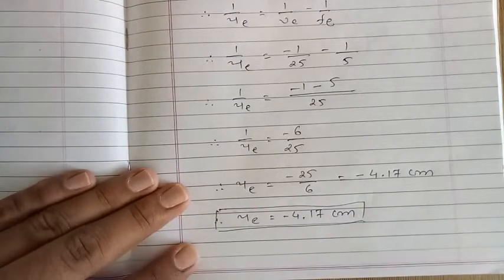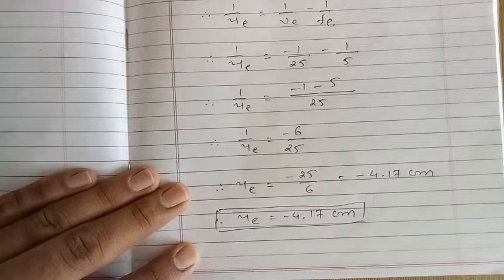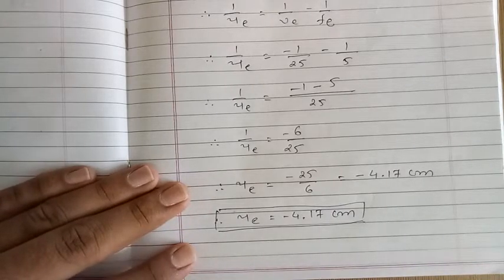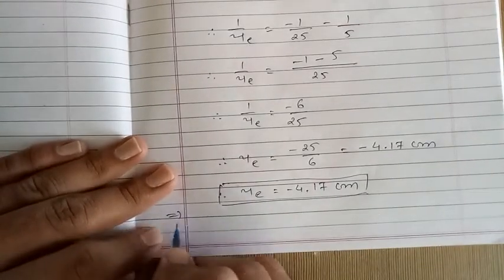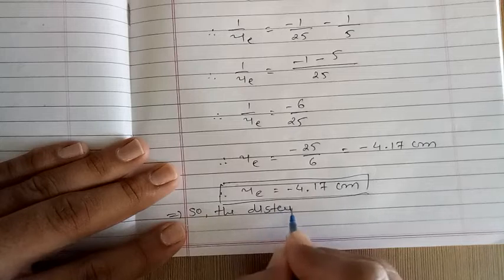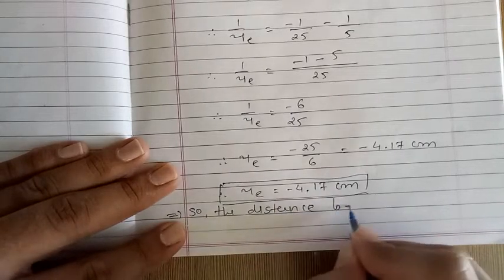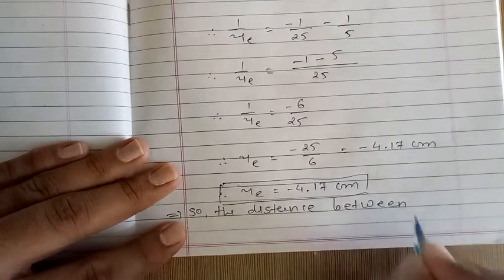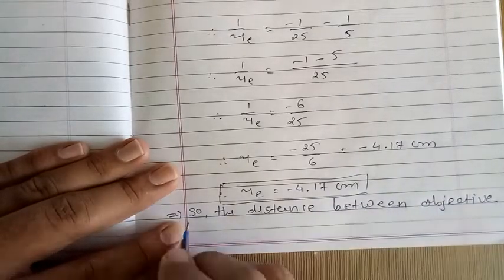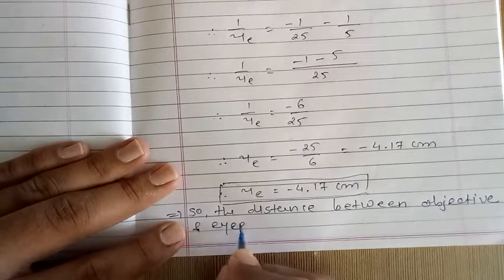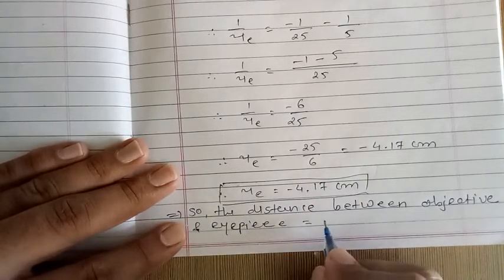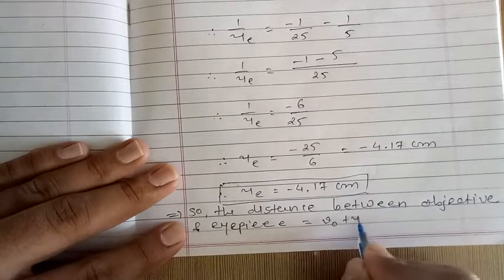Right. Now we have to find out the distance between objective and eyepiece. So the distance between objective and eyepiece is equals to VO plus UE.